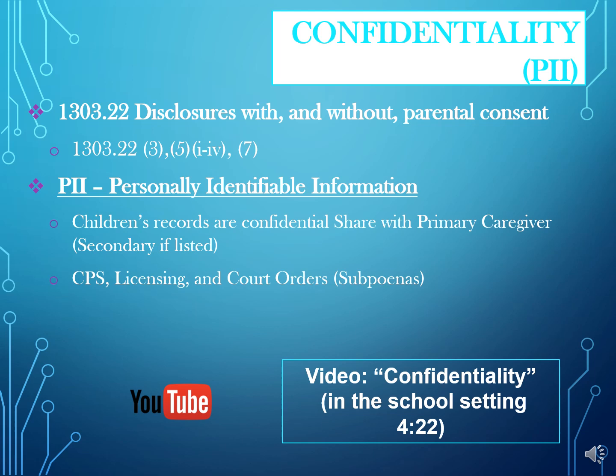If it's parent conferences, attendance issues, or behavior, then she needs to be very specific of what type of information we can share with that person. Now, when it comes to CPS, licensing, court orders, or anything that's subpoenaed, we can release that information to those entities without the parent's consent.